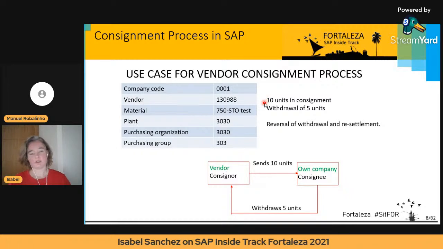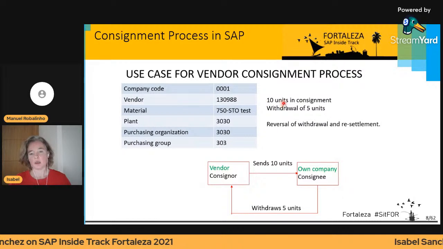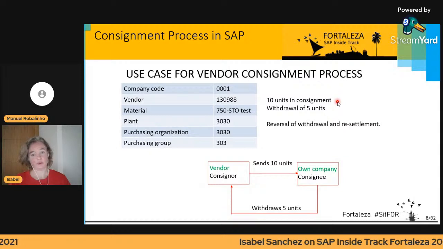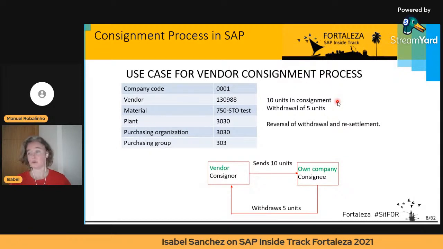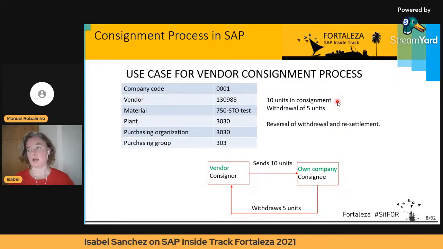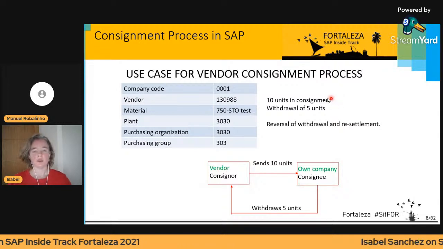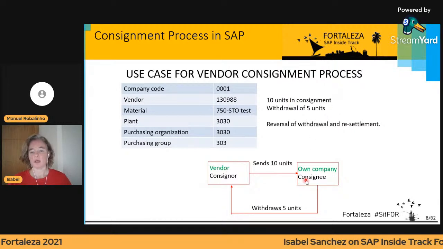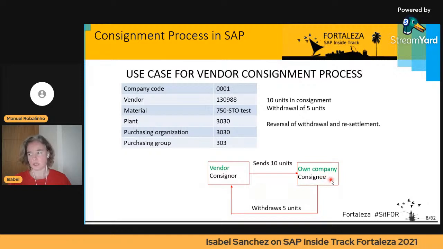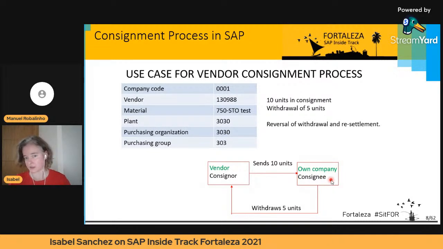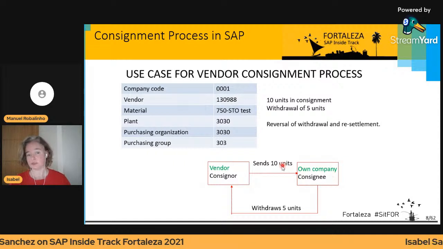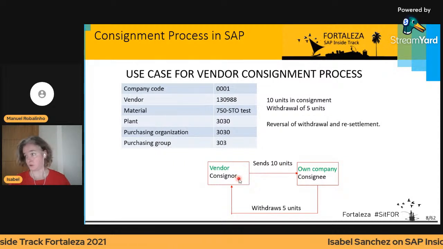All this, the screenshots we will see in the next slide, are in the case of 10 units in consignment, where, as I showed in the first slide, our own company is the consignee. So our own company is in charge of the 10 units that the consignor sends to us.